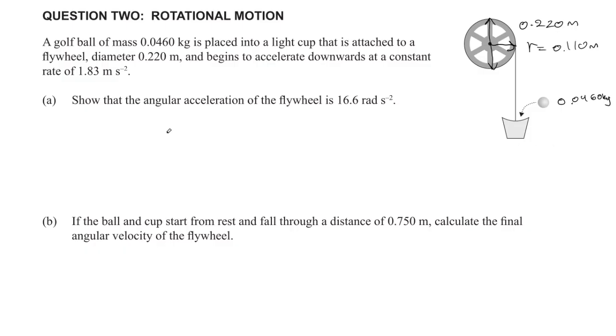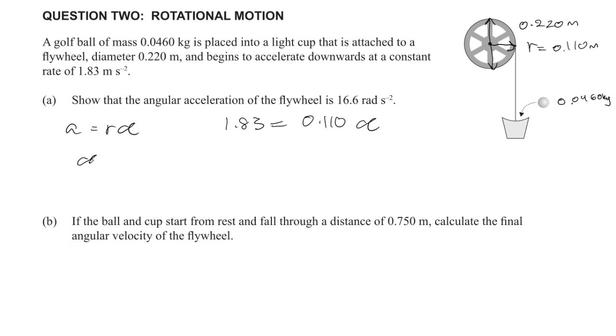If you look at your formula sheet, you will find the formula: linear acceleration equals the radius multiplied by the angular acceleration. So we're going to plug in our values. 1.83 equals 0.110 times the angular acceleration.